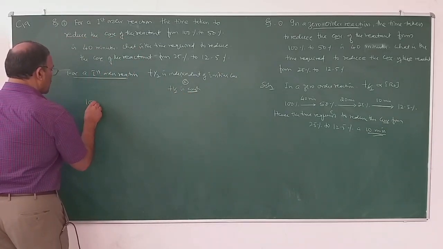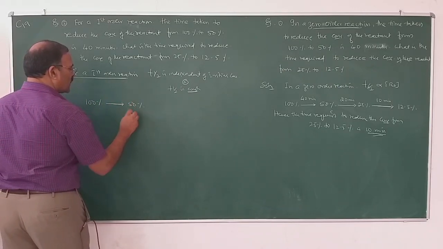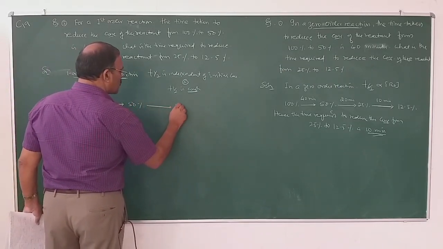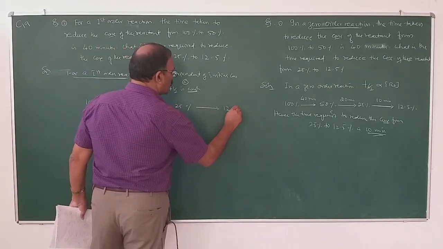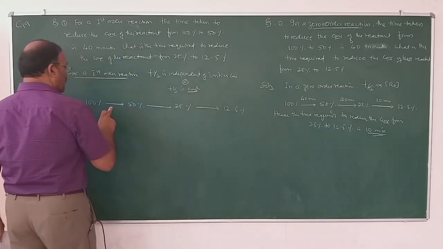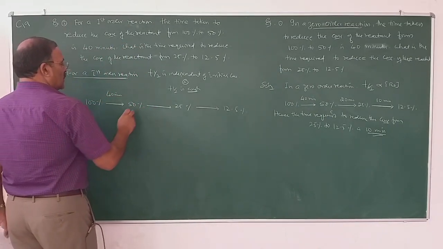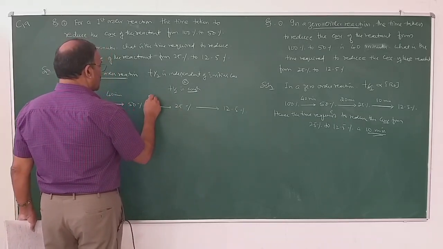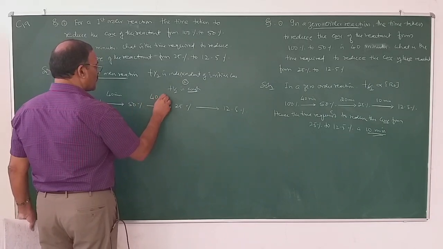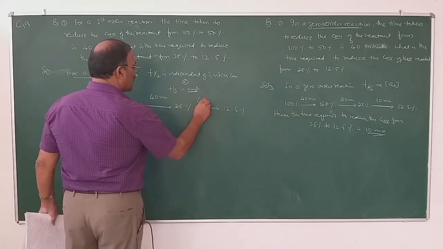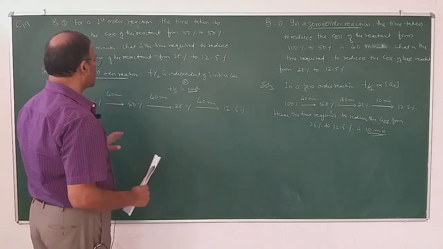So 100% is reduced to 50%, 50% is reduced to 25%, and 25% is reduced to 12.5%. What is the time taken here? 40 minutes. So 50% to 25%, since it is a first order reaction, T half is constant. So T half is 40 minutes all the time, since it is independent of initial concentration.